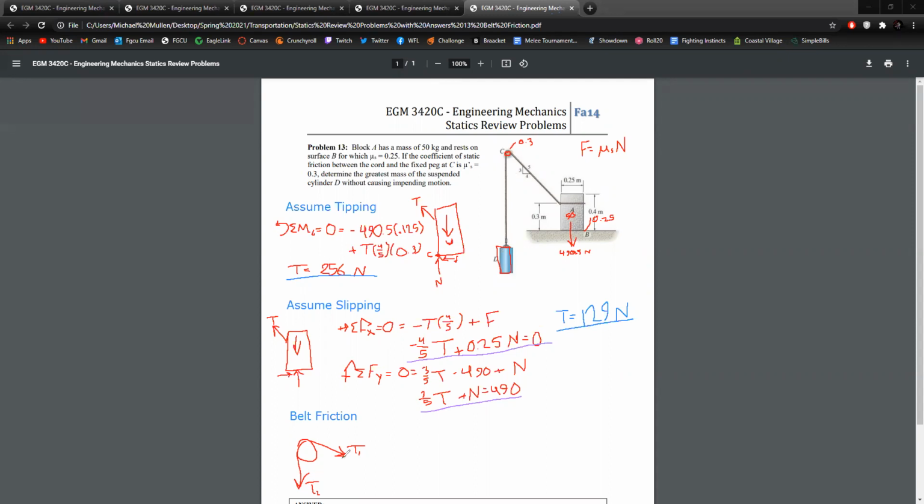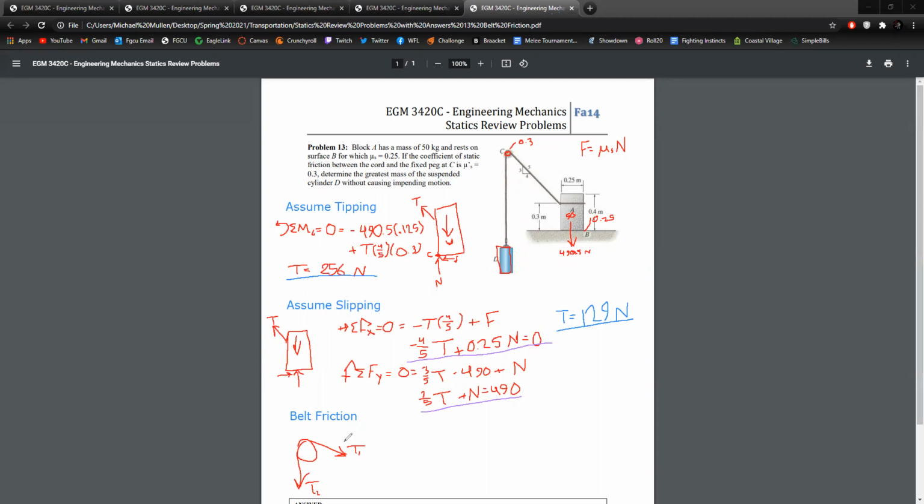We have a different T on both sides because we're given the friction, the mu sub S for the point C, meaning that as this rope moves across the peg, the force in the rope is going to change.